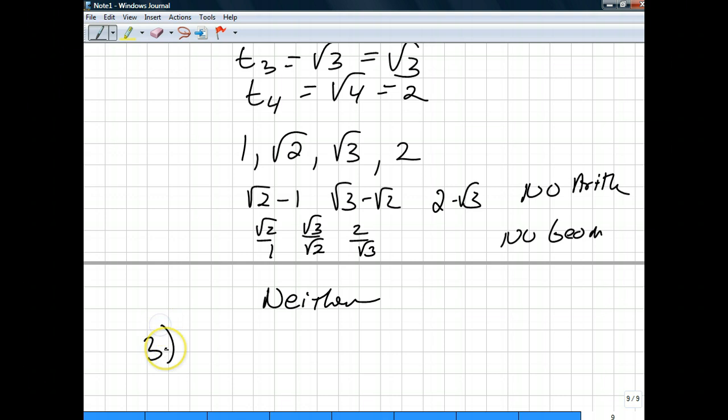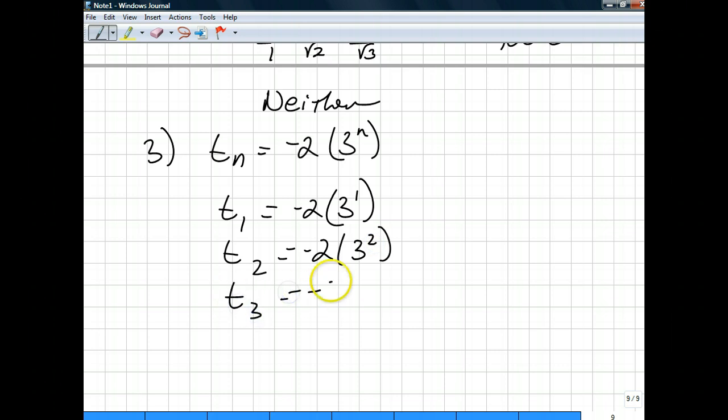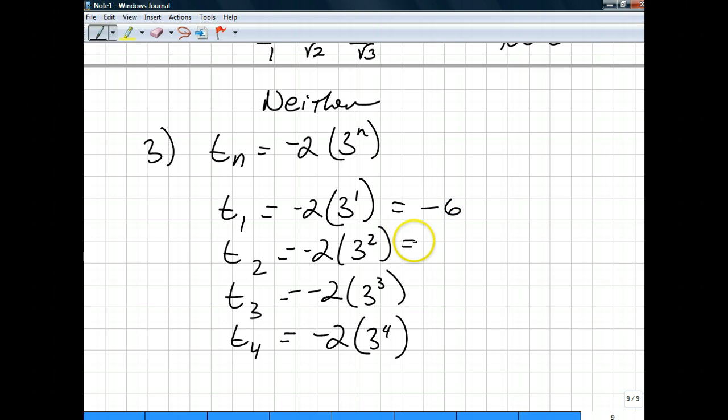And the last one is T sub n is equal to negative 2 times 3 to the n. So T1 is negative 2 times 3 to the 1. T2 is negative 2 times 3 to the 2. T3 is negative 2 times 3 to the 3. And T4 is negative 2 times 3 to the 4th. So this is 3 times negative 2, which is negative 6. This is 9 times negative 2, which is negative 18.